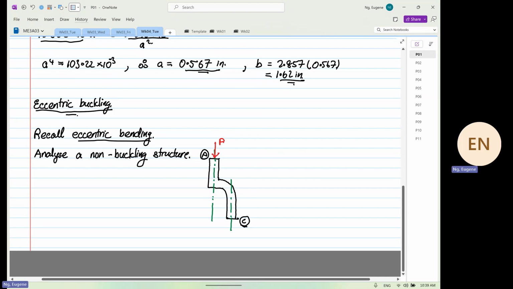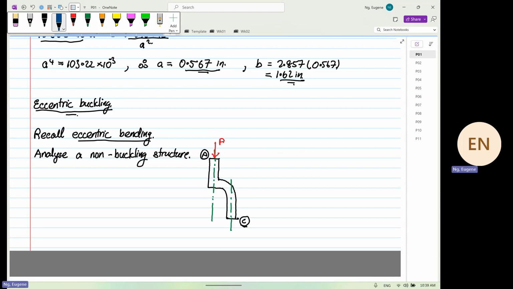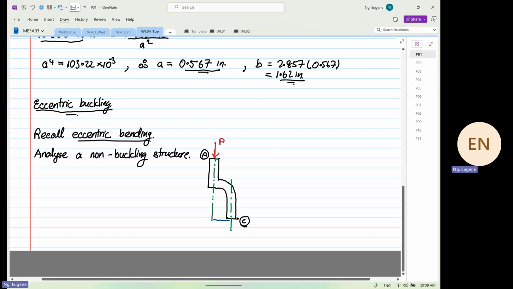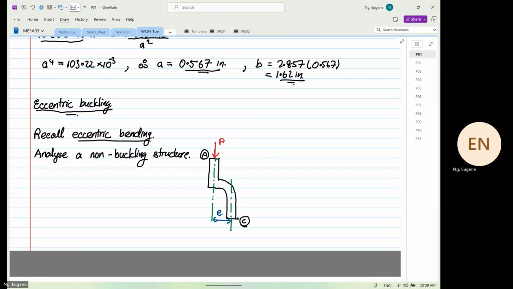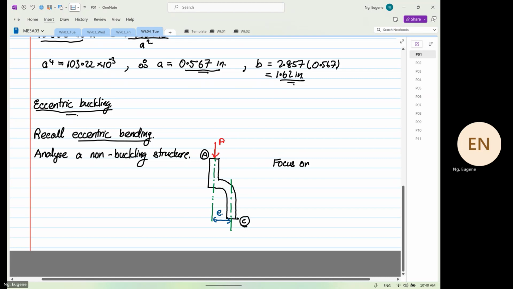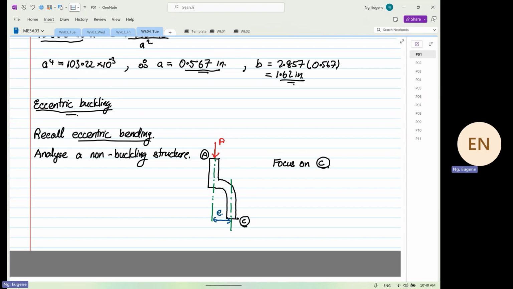This is P. And P is offset from the centroid at point C at a distance E. Okay. So does this look familiar to all of you? We've seen this before, right? Okay. So let's focus on point C.